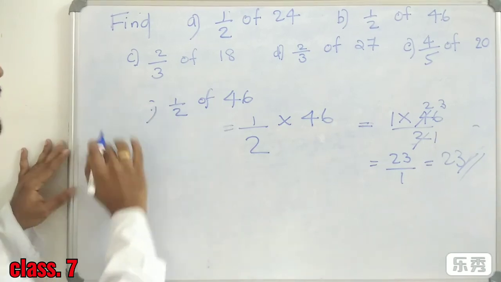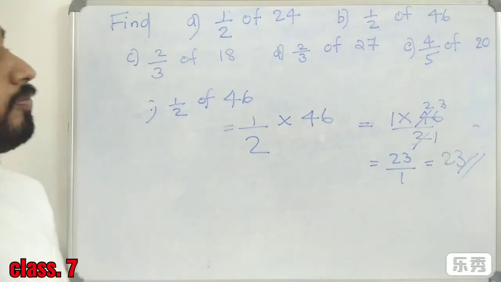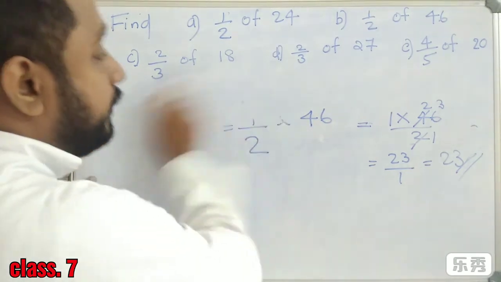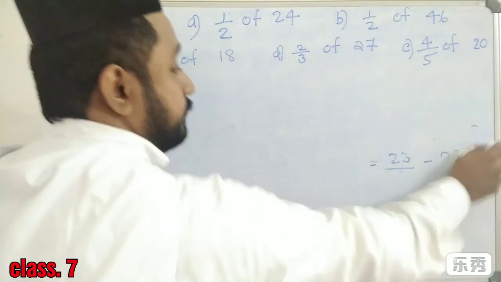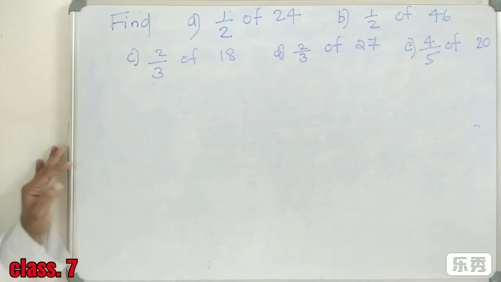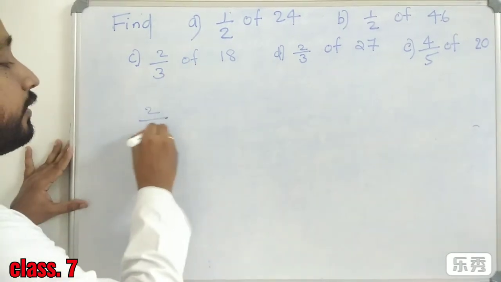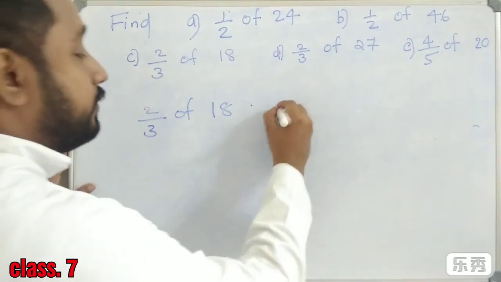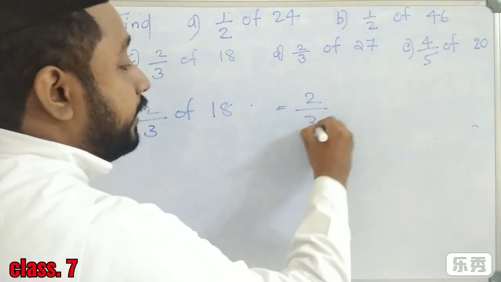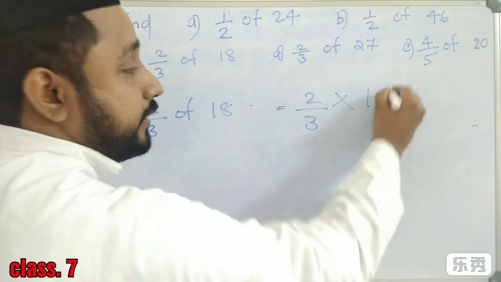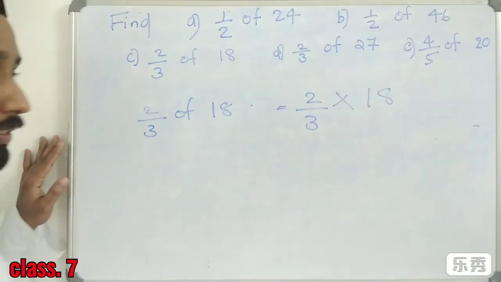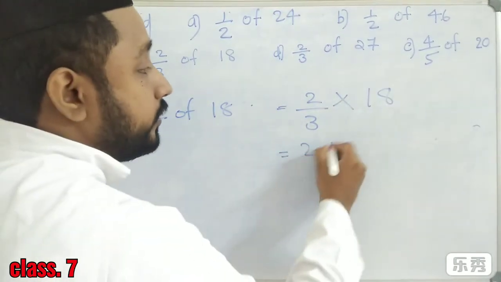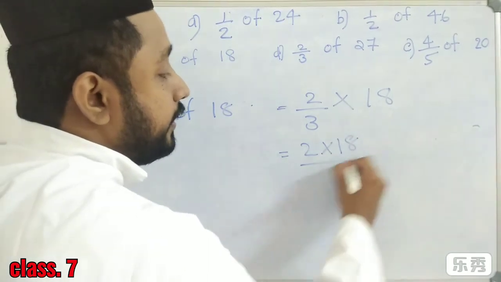Then third question, 2 by 3 of 80. 2 by 3 of 80 is equal to 2 by 3 into 80, which is equal to 2 into 18 by 3.